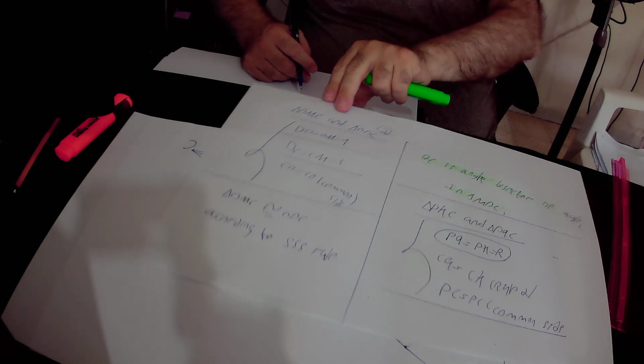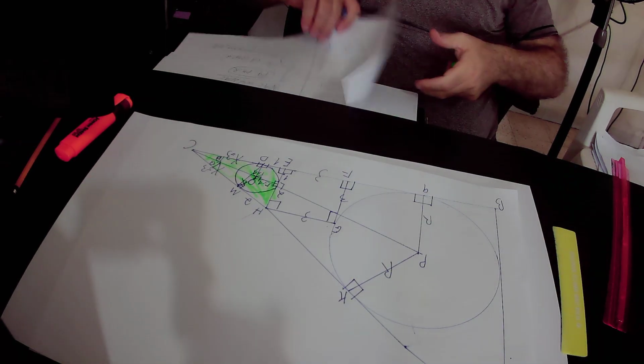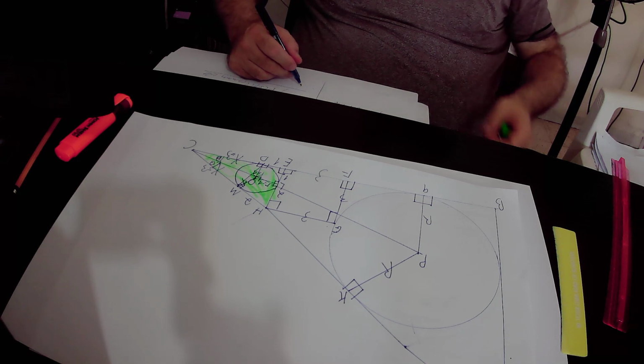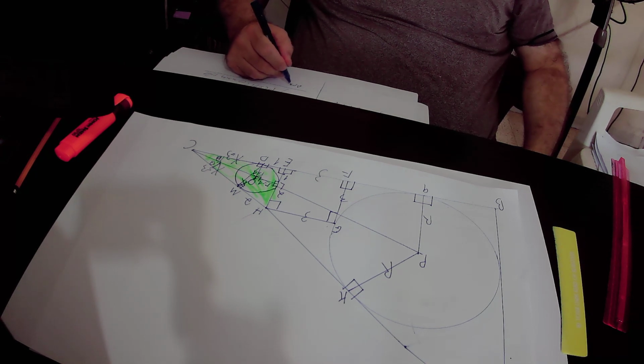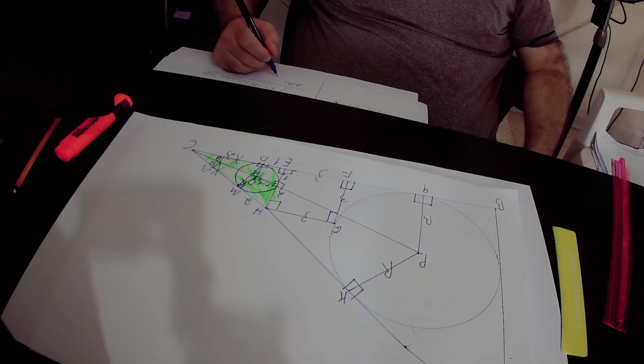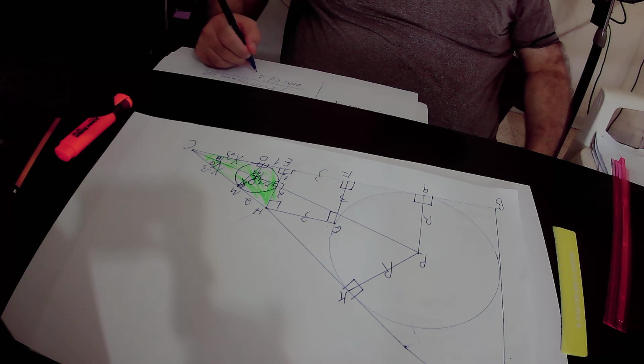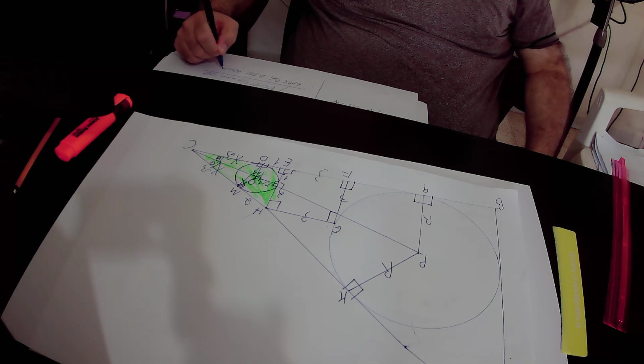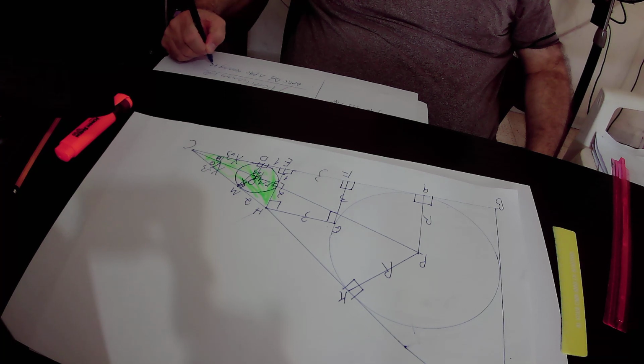Okay, so write it down. Triangle PKC is congruent to triangle PQC according to the side rule.